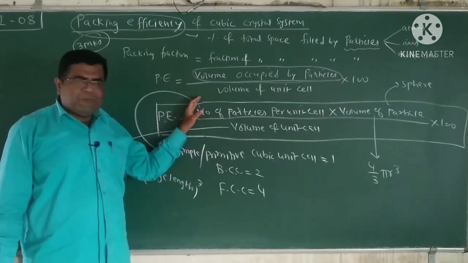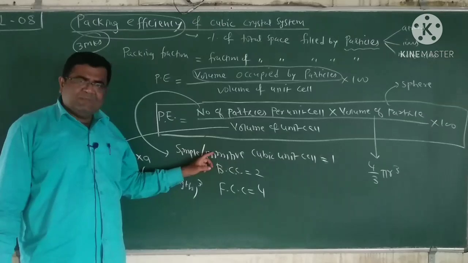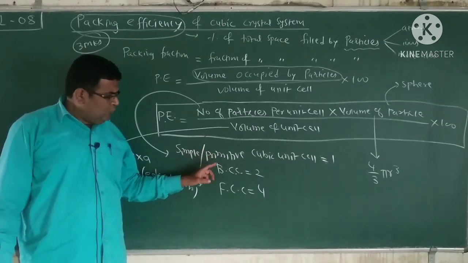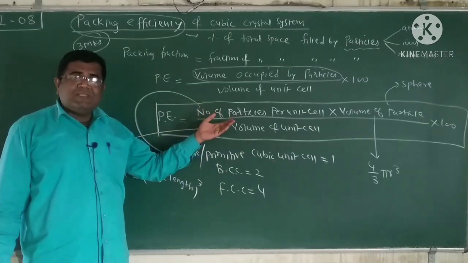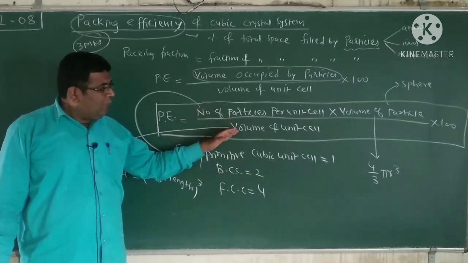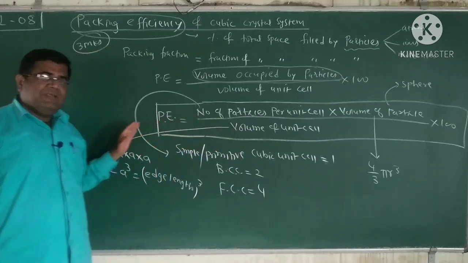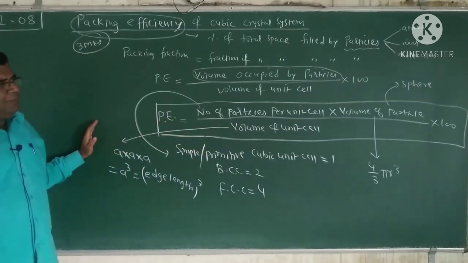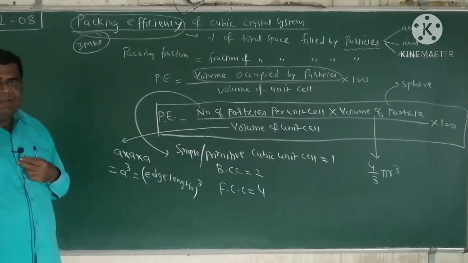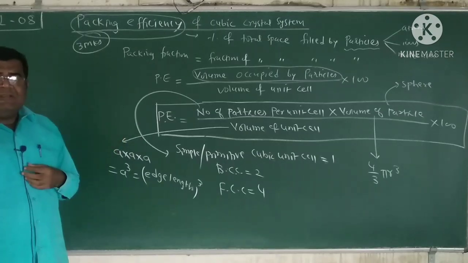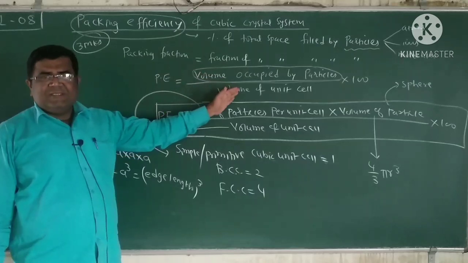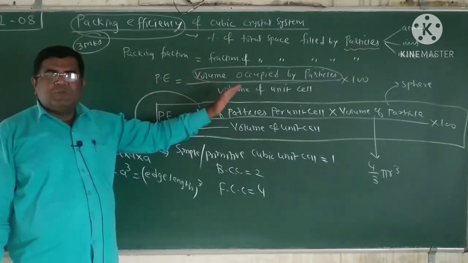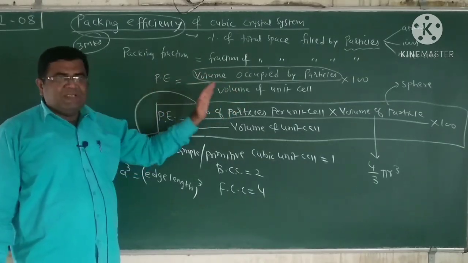Number of particles per unit cell can be 1 for simple cubic unit cell, 2 for BCC, 4 for FCC. Volume of particle is 4 by 3 pi r cube, and volume of unit cell is A cube, the edge length cube, multiplied by 100. Now we will do these calculations first in the simple cubic unit cell, then in the body centered cubic unit cell, and then the face centered cubic unit cell.